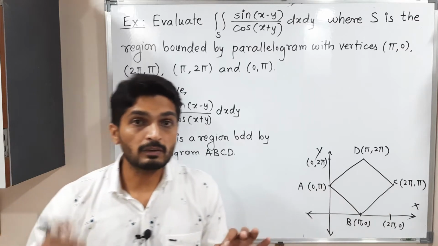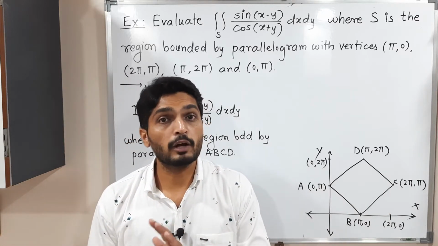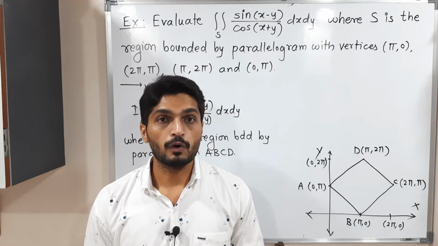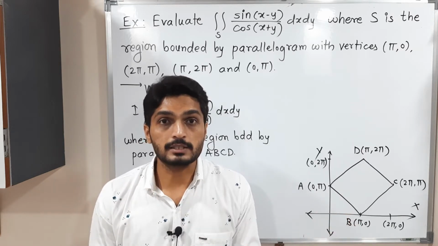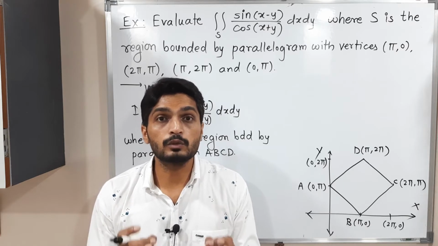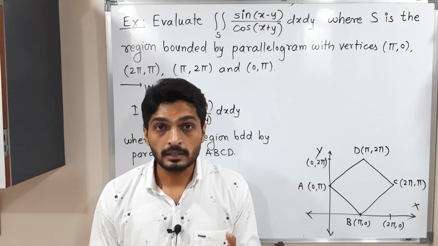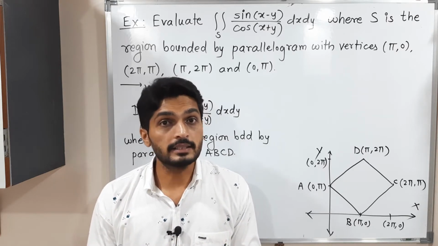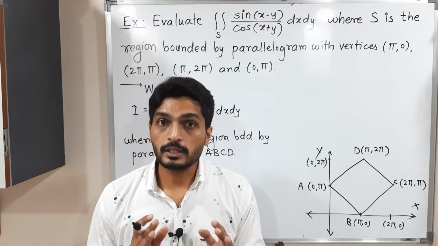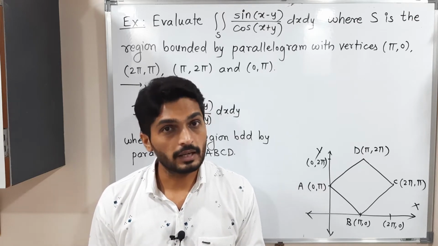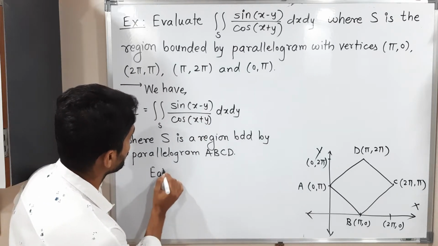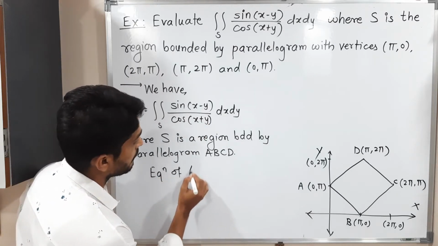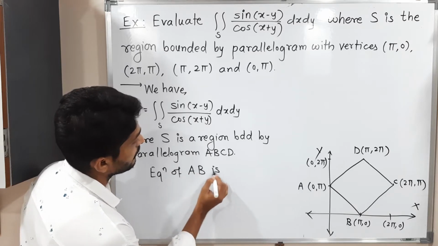They have given the vertices of the parallelogram, but they have not mentioned the equations of its edges. So our first task is to find the equations of the lines AB, BC, CD, and AD. Let us start with the equation of line segment AB.